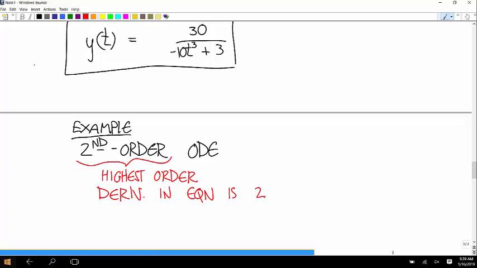That means that first example we did was a first order ordinary differential equation.